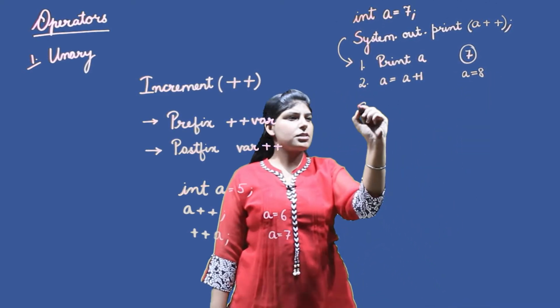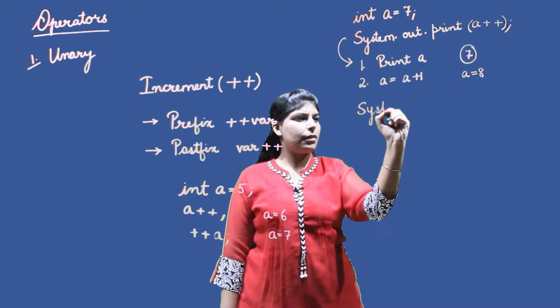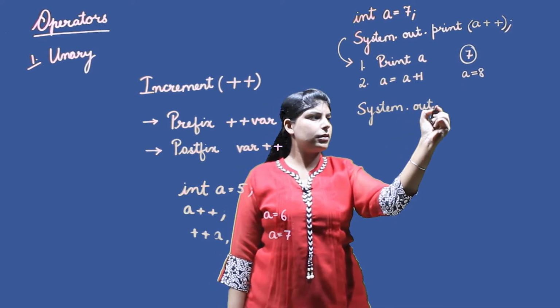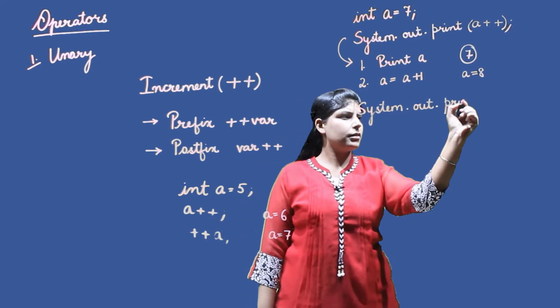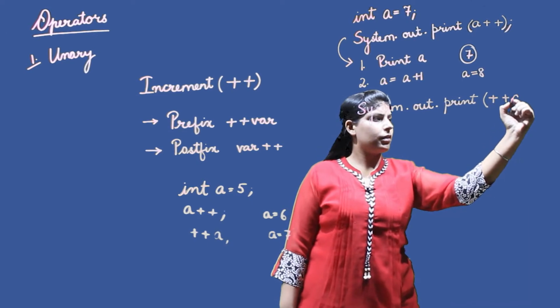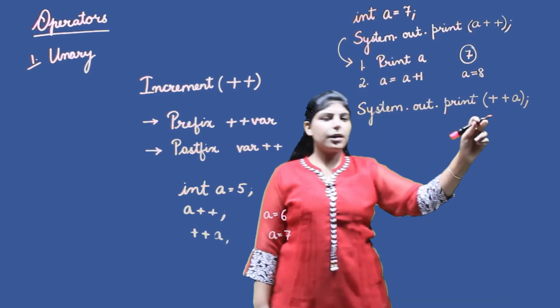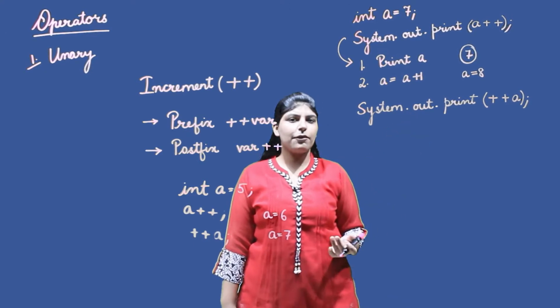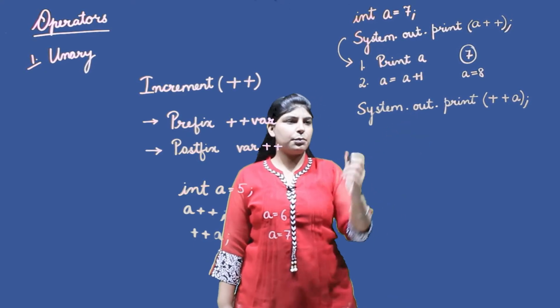So if I had used system dot out dot print plus plus A. Here prefix notation is used. So if I want to break down this step, I will first have to increment A and then I can print its value.